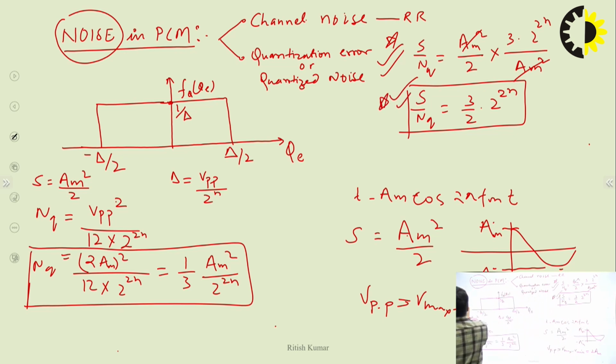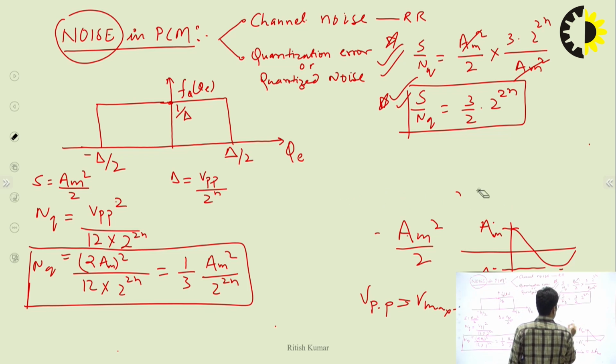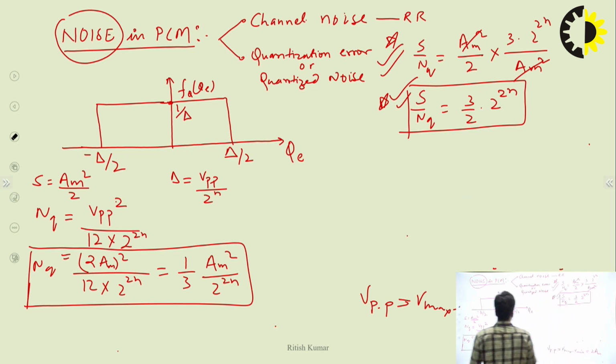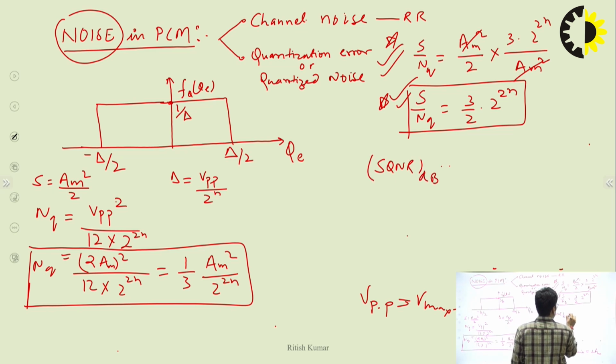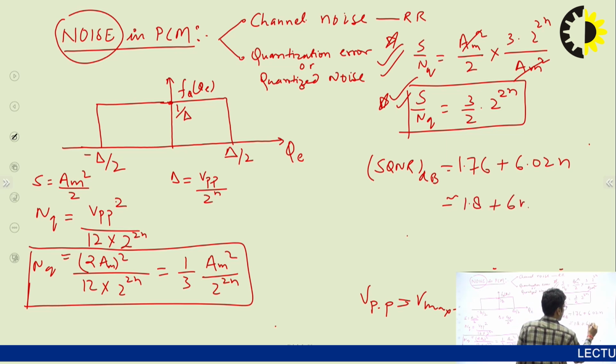Now, if you convert this formula into decibels, then SQNR in dB is equal to 1.76 plus 6.02 n, and roughly approximated we can write 1.8 plus 6n dB.